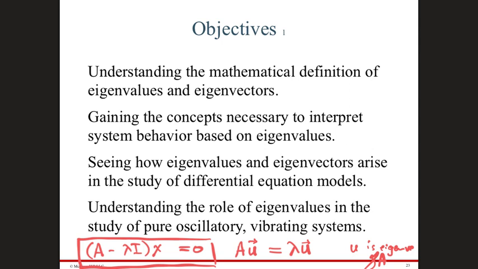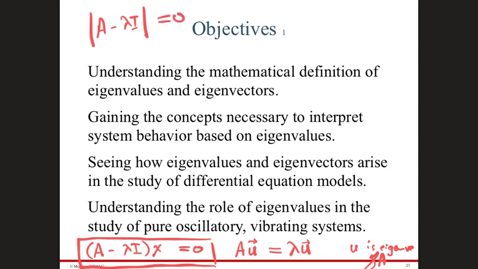So the non-trivial solution exists only if the determinant of A minus lambda I is equal to 0.